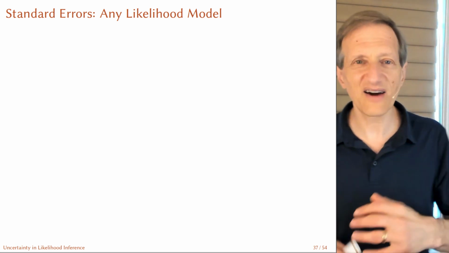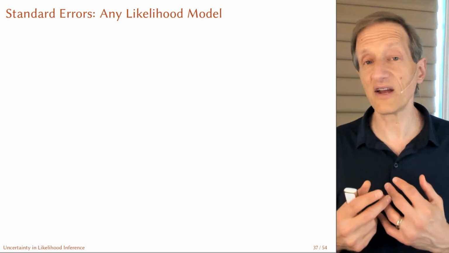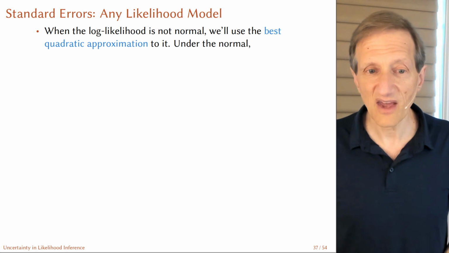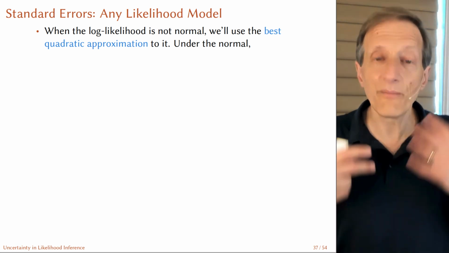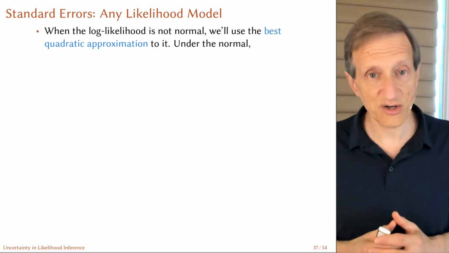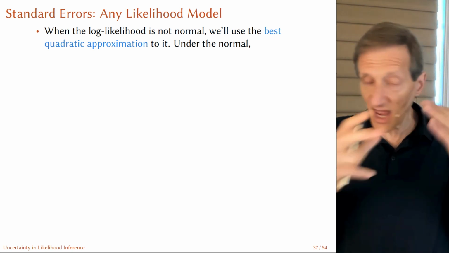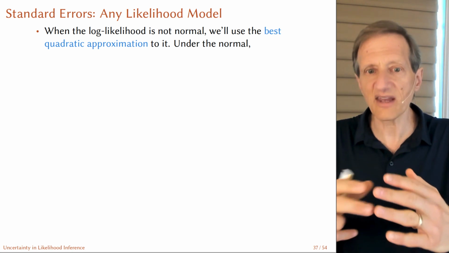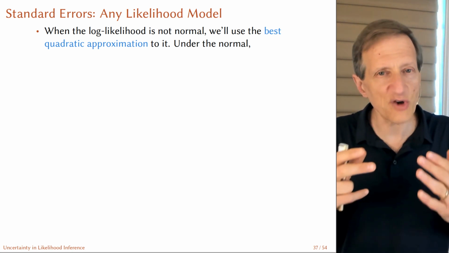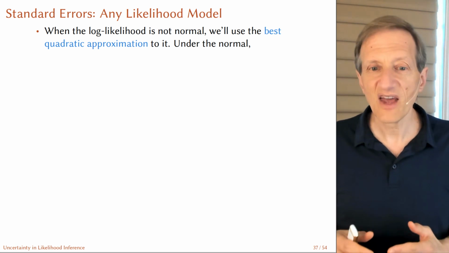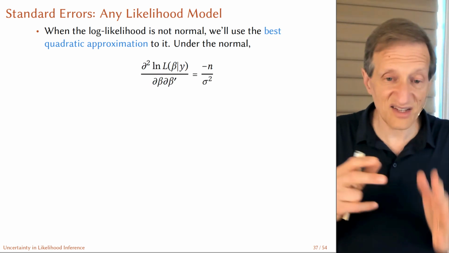Now let's think about the more general case of standard errors for any likelihood model. When the log likelihood is not normal, we'll use the best quadratic approximation to it. Because the normal is quadratic, and any likelihood will eventually be quadratic as n gets larger. So we're going to use the best quadratic approximation to whatever it is. Under the normal, it's exact.